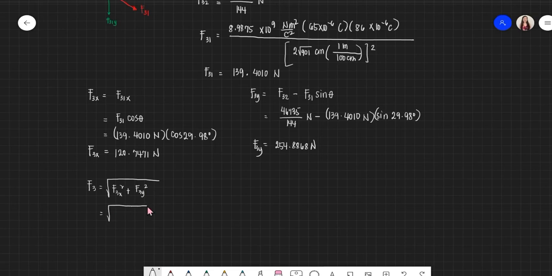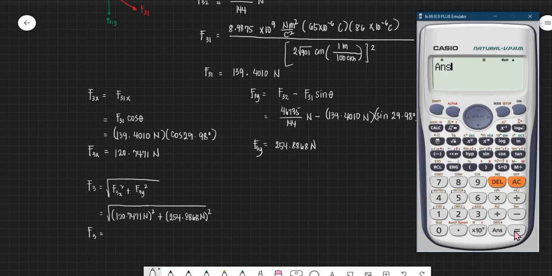So that is the square root of 120.7471 newtons squared plus 254.8868 newtons squared. Let's store this in D. So F3 is the square root of recall C squared plus recall D squared, which is 282.0410.